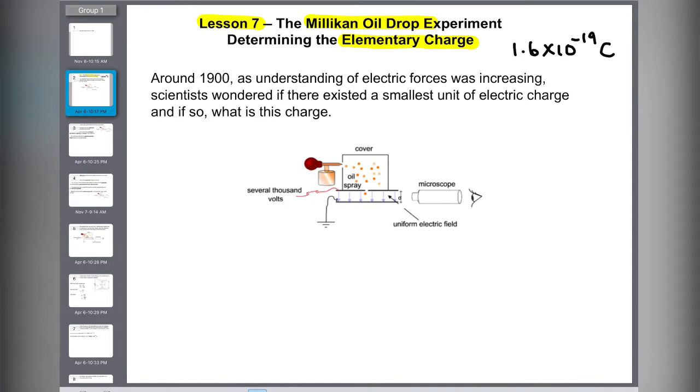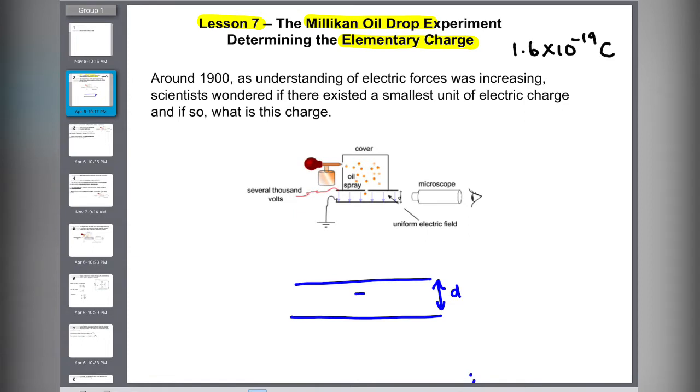Okay, number one, you do know that there is a parallel plate, and they know the distance between the parallel plates. They know the charge of the parallel plates.